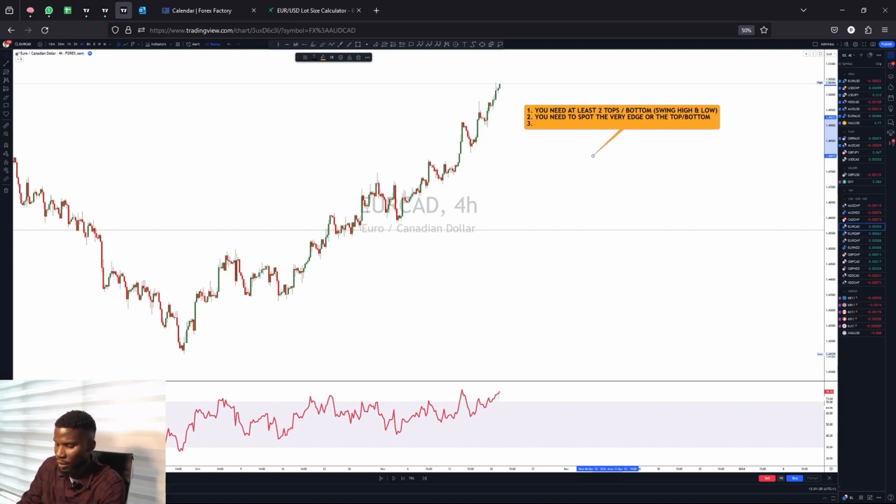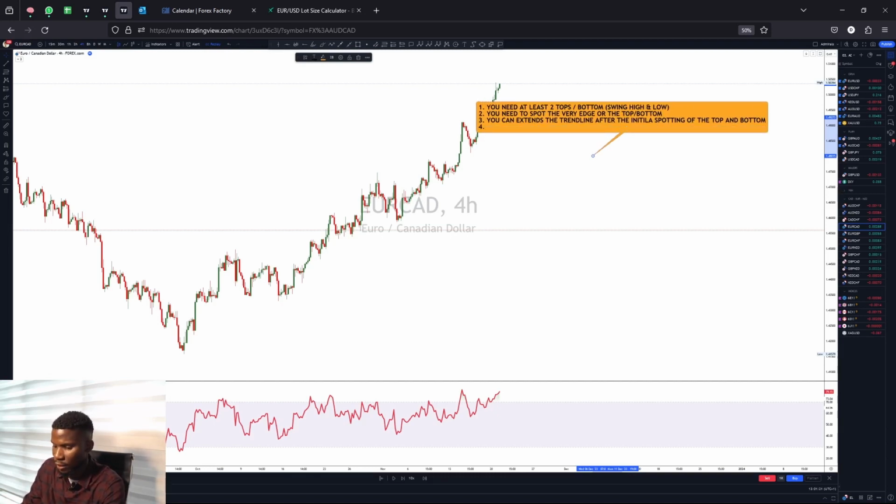Number three, you can extend the trend line after the initial spotting of the top and bottom.